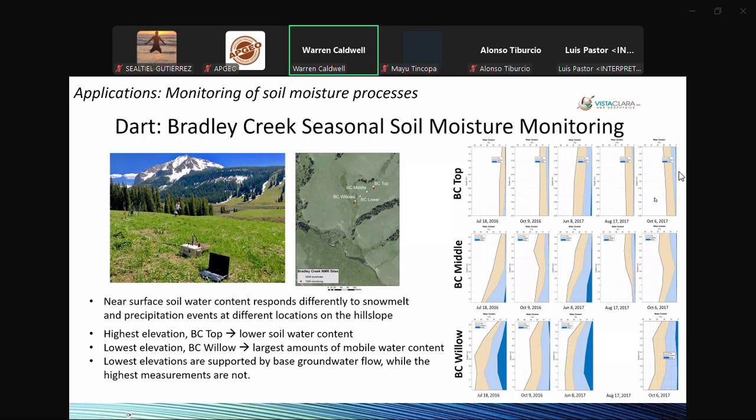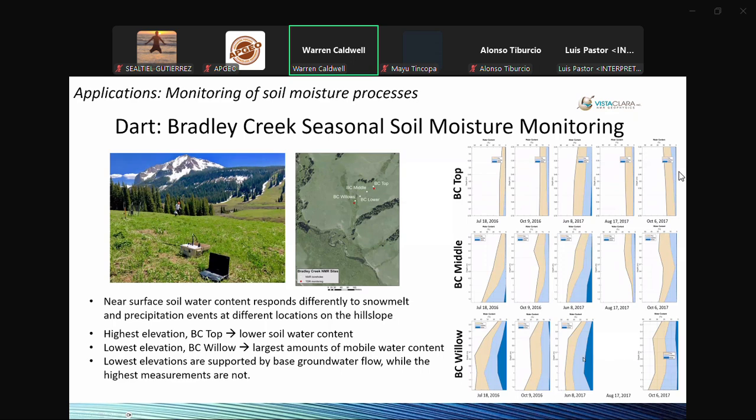return over a period of a year and a half and make measurements in different locations in this drainage basin in different conditions. So at the BC top location, there was not a significant change through the seasons. At the Willow location, the lowermost location, there was a significant change between the seasons.